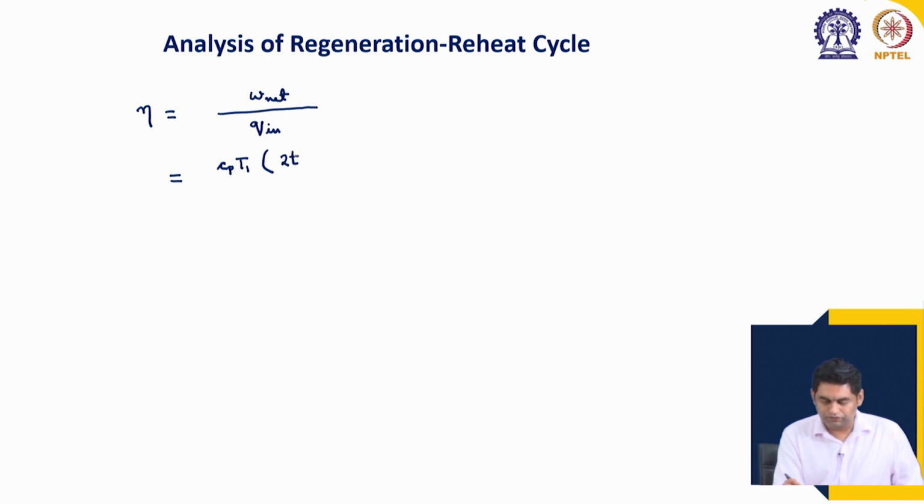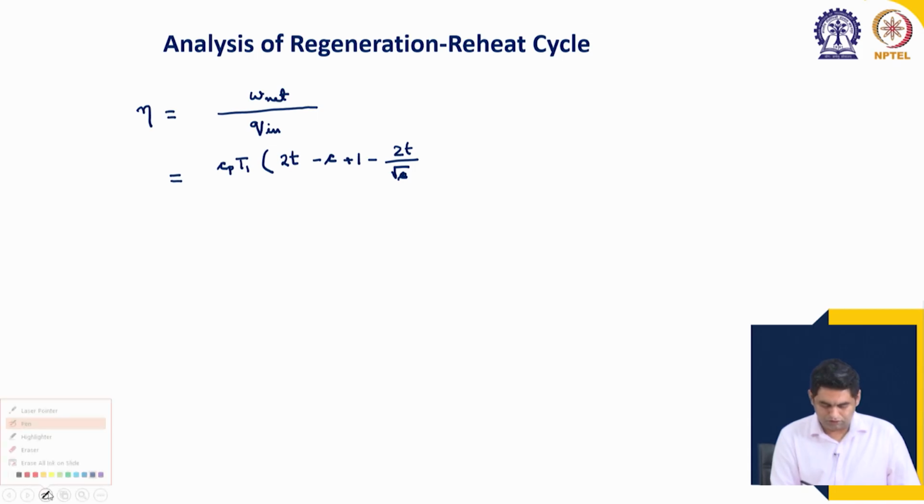It will come of this form: 2 T minus C plus 1 minus 2 T by root C, not 6.